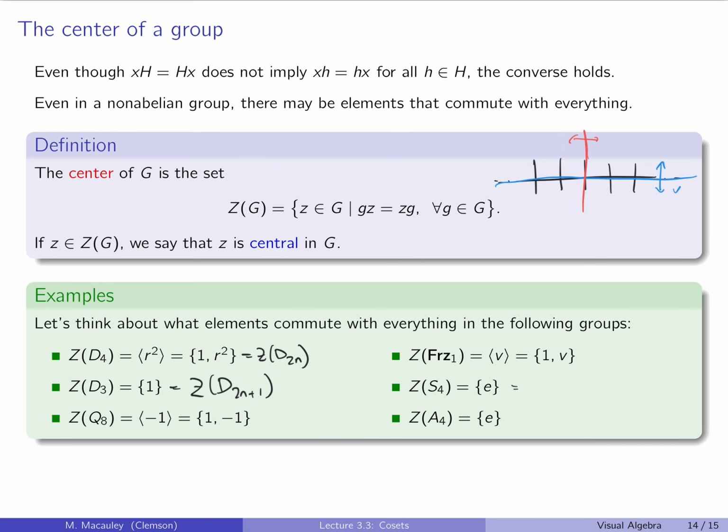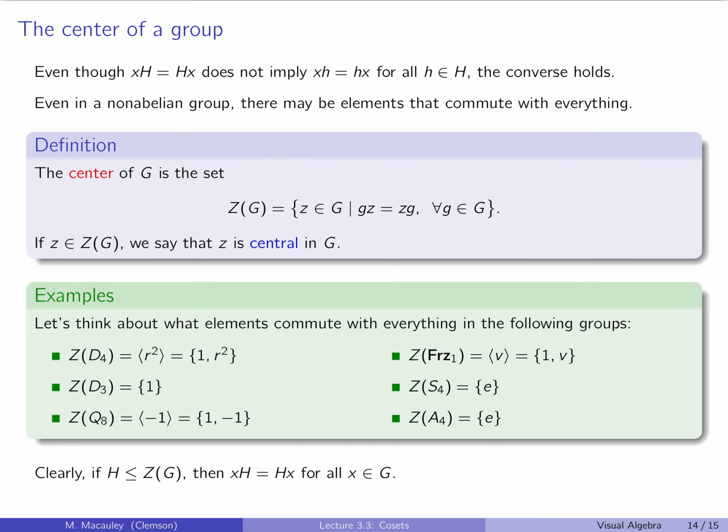Same thing with the center of the symmetric group Sn, where n is at least 4, and the alternating group An, where n is at least 4 as well. We have to be careful when n equals 3: the alternating group is just 3 elements, so it's an abelian group, isomorphic to C3.